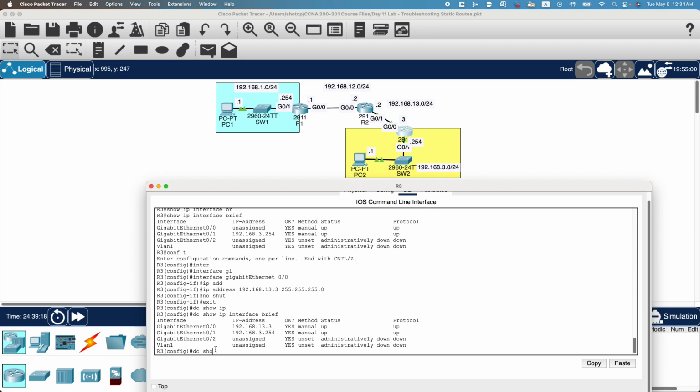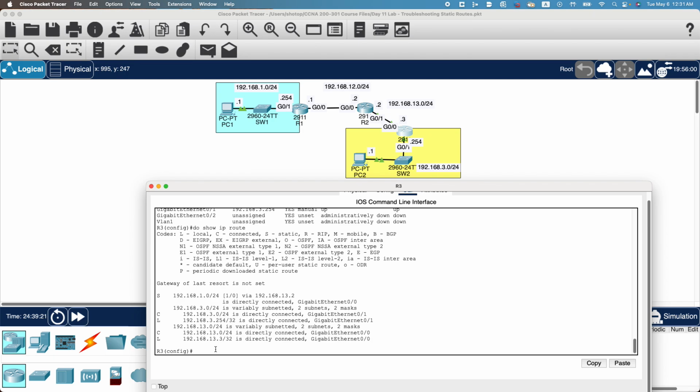So I want to say do show IP route. So now we're out to 13.3, which is in the back. And then we have a static route to 1 via 13.2.